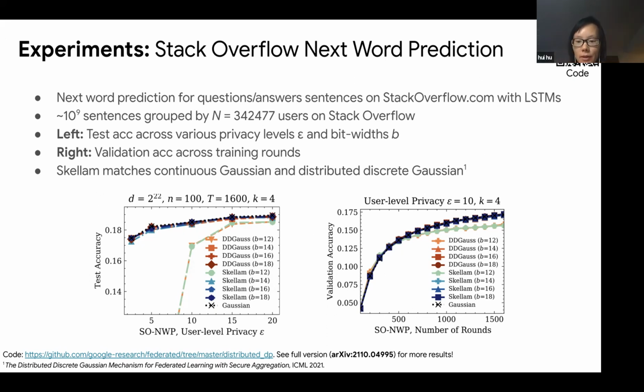I was just wondering, does this mechanism only work for the federated framework, or can we use it for other frameworks, not distributed? I think just the way that we're adding noise and the privacy analysis of it, it applies anywhere.